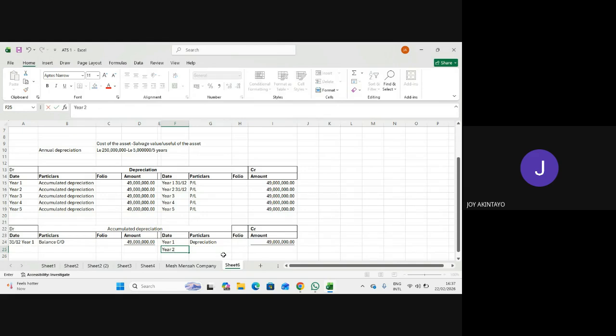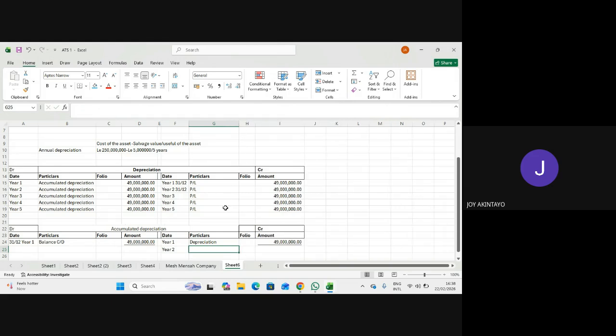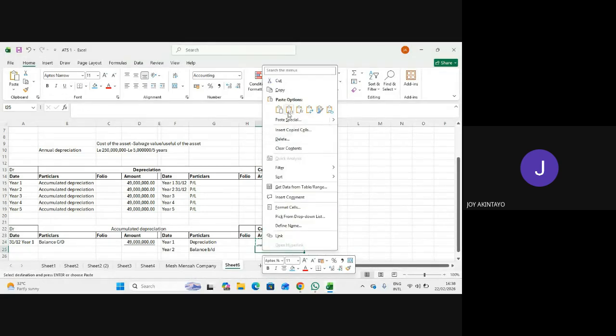So year 2, beginning of year 2, you know the way we do our ledger. So your balance, now have your balance brought forward or balance brought down, which is 49.